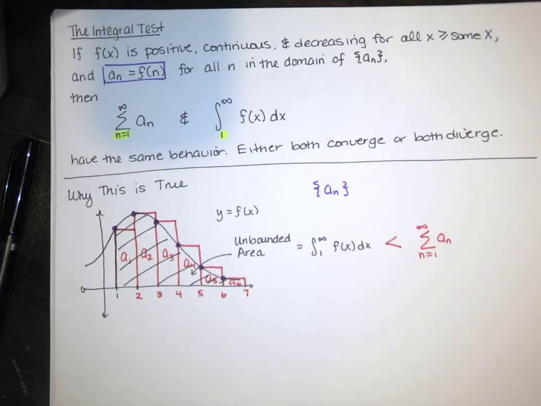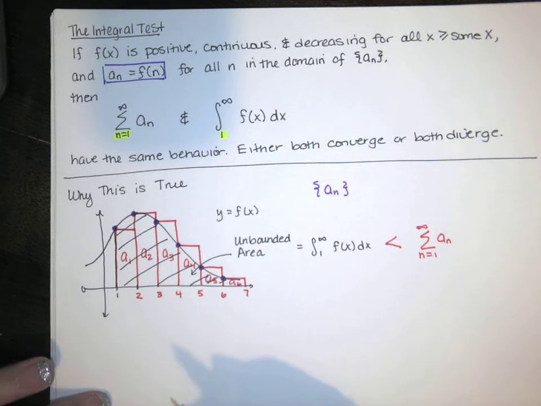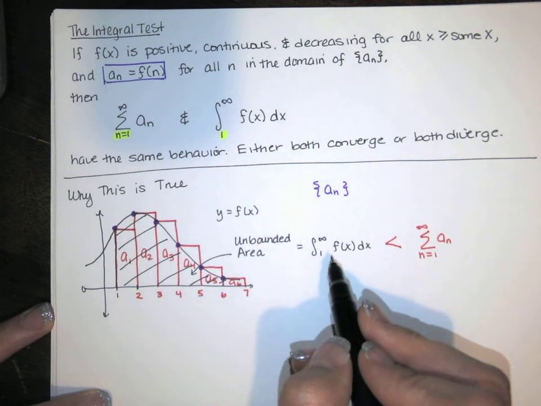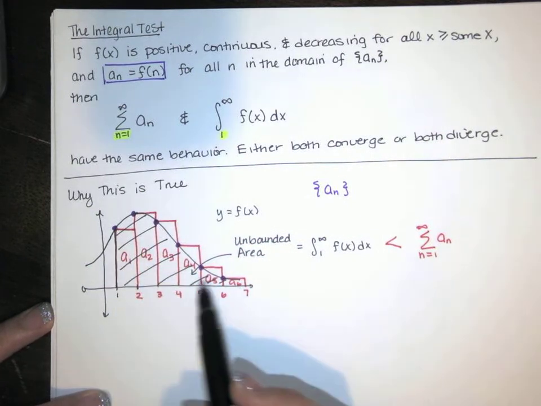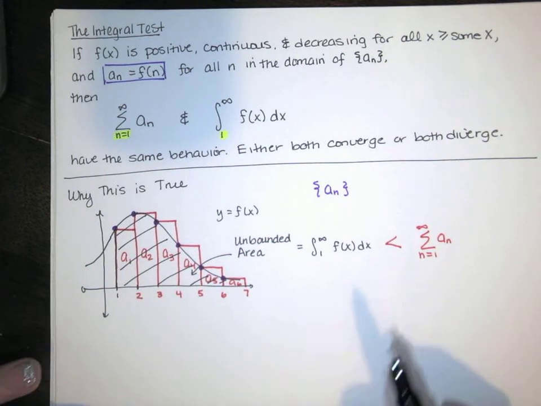So what does this prove? Well, I guess this proves that if this integral diverges, since this is a positive function, it's continuous and it's eventually decreasing, if this diverges, it diverges to infinity.